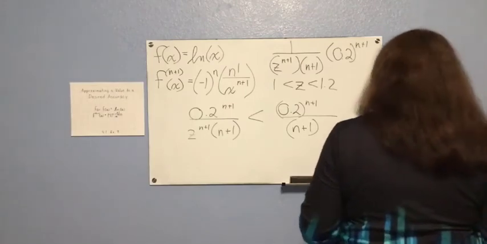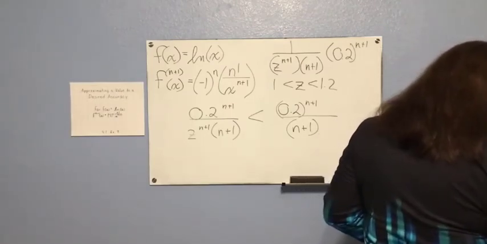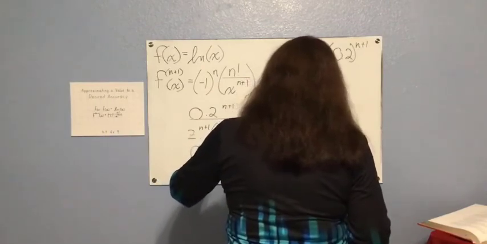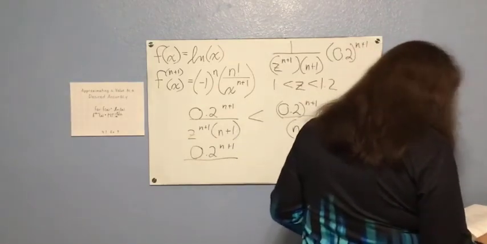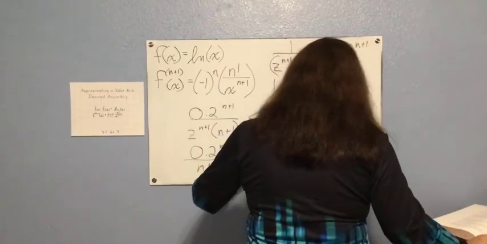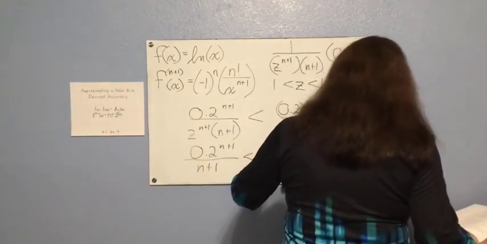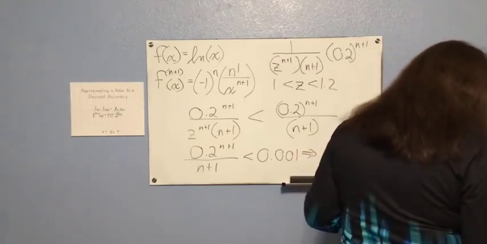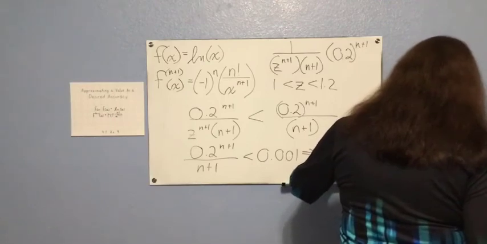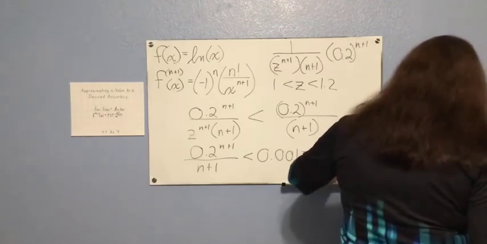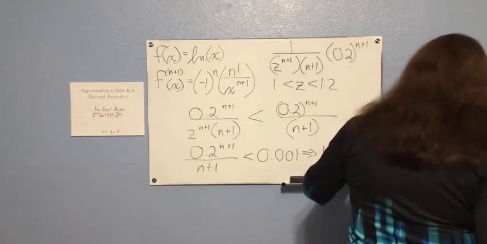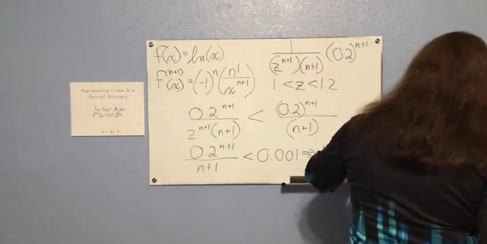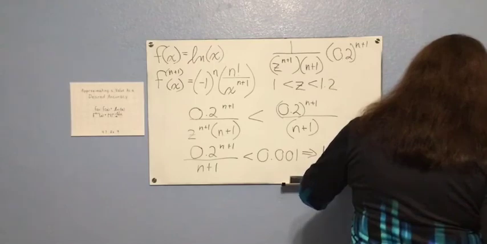So I want to find a value of n so that 0.2 to the n plus 1 over n plus 1 is less than 0.001, which gives me 1,000 is less than n plus 1 times 5 to the n plus 1 power.